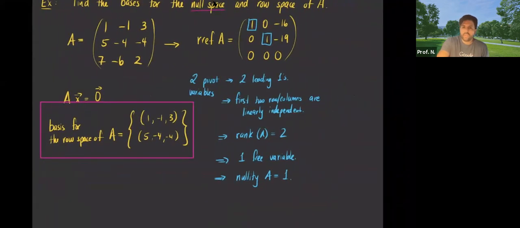Now that I know the row reduced echelon form of A, how can I find the basis for the null space? I already know that the basis of the null space can only be constituted by one vector.